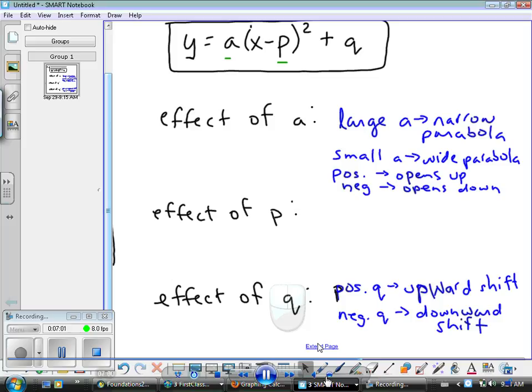Now, it gets a little complicated when you're changing all three, okay? But if that's the only thing you change, a positive P value means a shift to the right. And a negative P value means a shift to the left.